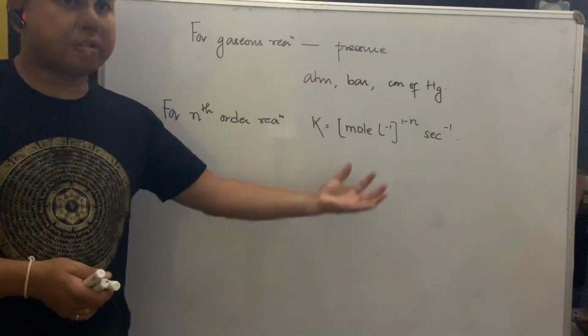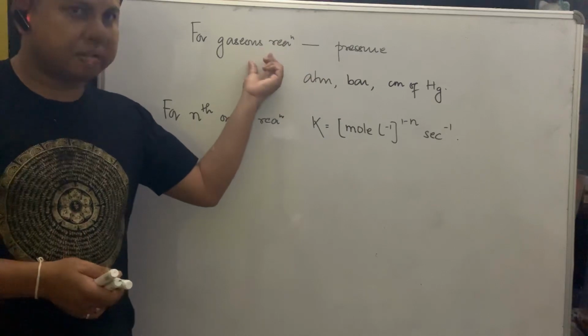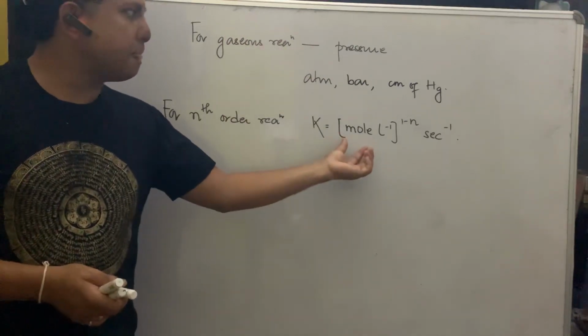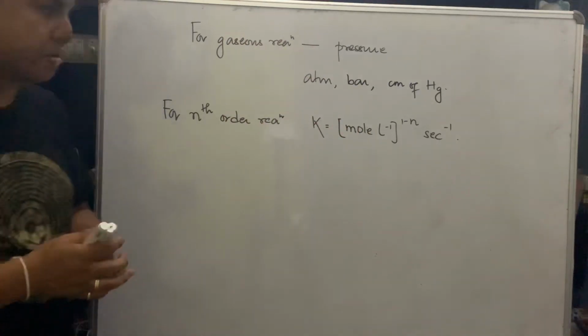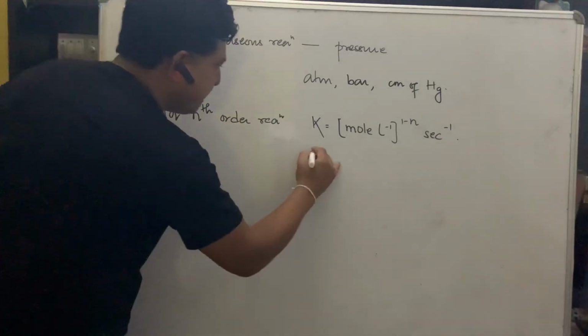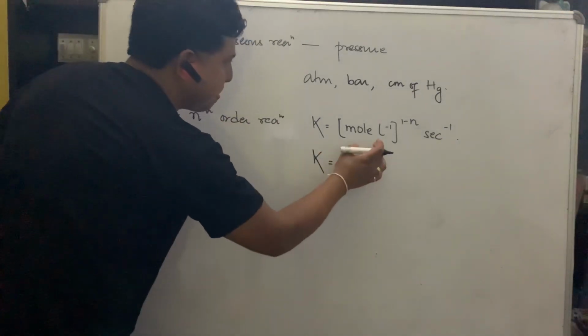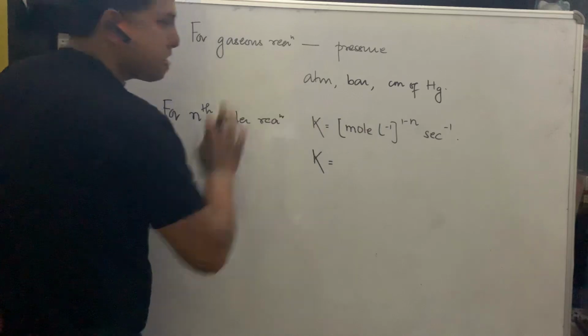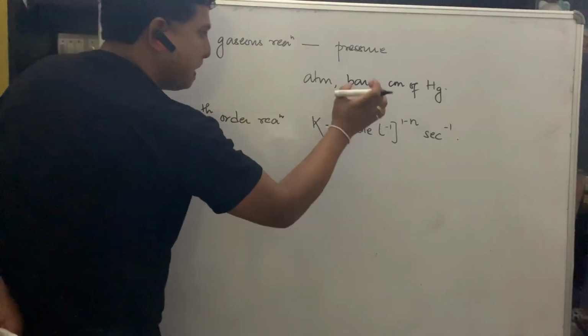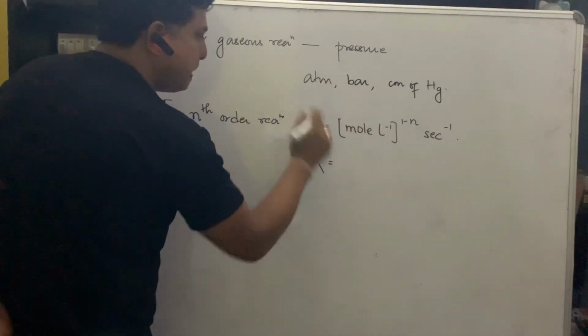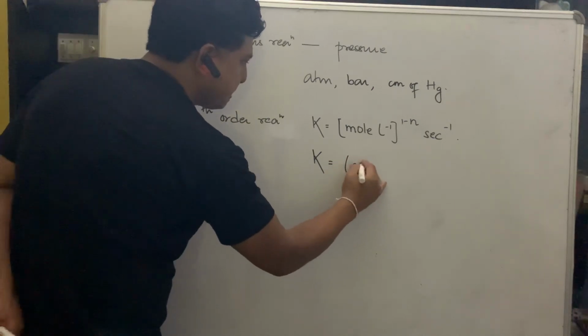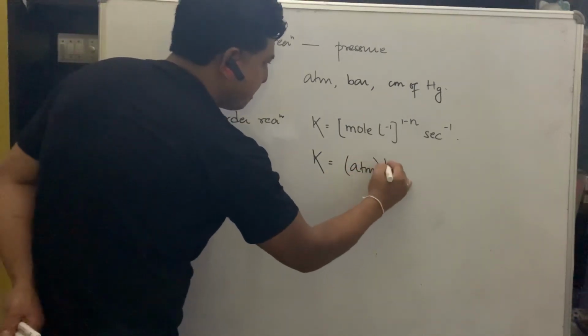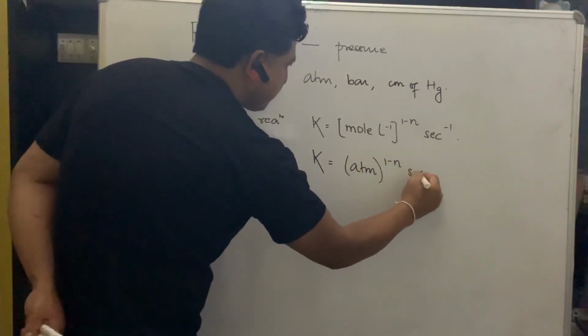But for reactions which involve gases, we normally measure the pressure of the gas, not the concentration. So I'm going to replace this concentration term by pressure. If I take the unit of pressure to be atm, my expression is going to be atm to the power 1 minus n, second inverse.